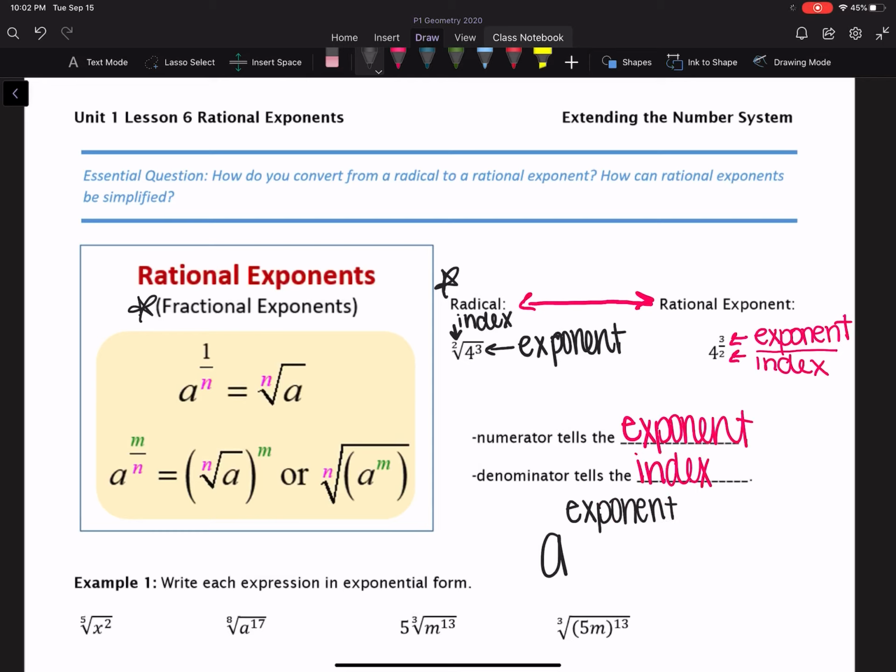So in general terms, if I have a base and it's raised to a fractional exponent, I know that it's going to be the exponent over the index number.